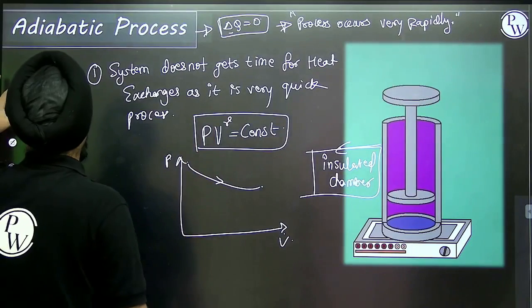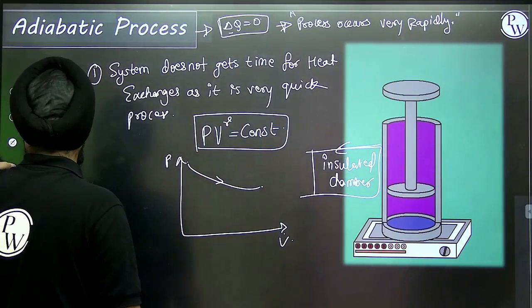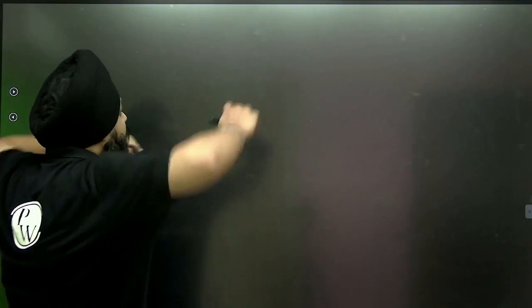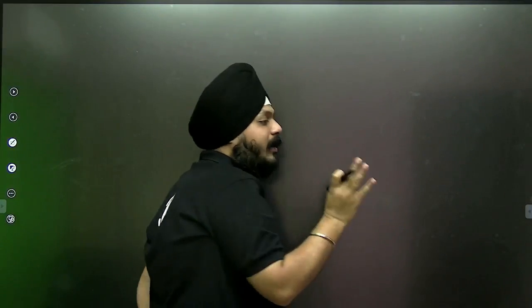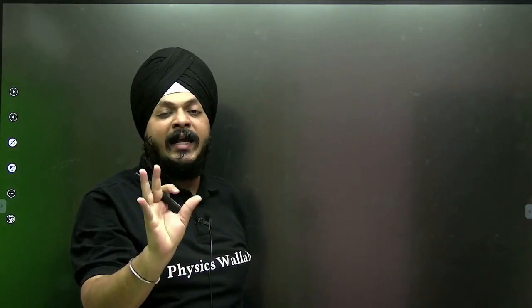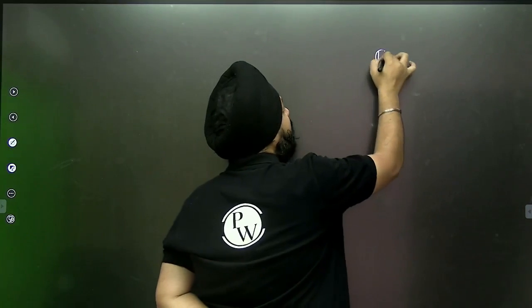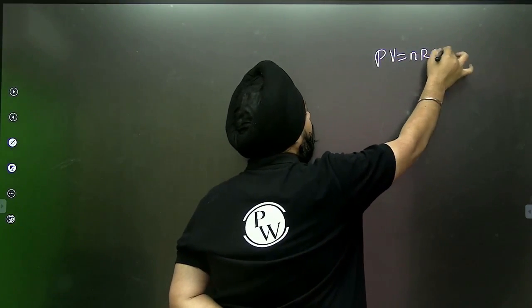Now, what is the actual work done? Basically, there are three equations of the adiabatic process. First of all, suppose in the system one ideal gas is present, and that is represented by PV equal to nRT.